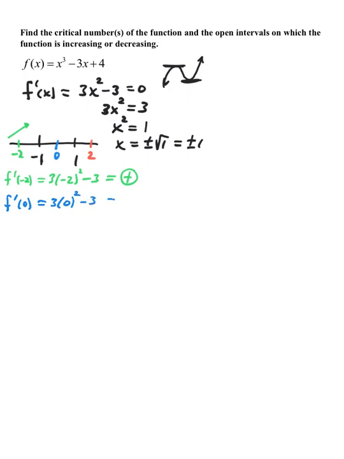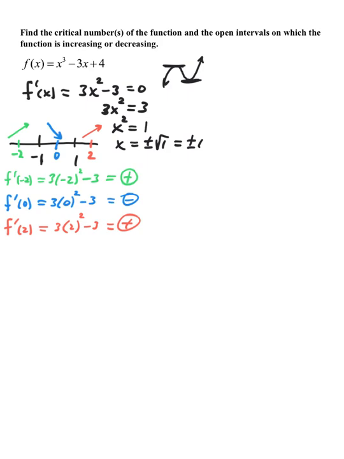A little quick math, we get negative 3. Again, the sign is all we need. And finally, our third test number is in that third open interval. 3 times 2 squared. I misspoke. Anyway, that's 4, 12, 9, positive. That's all we really need to know.